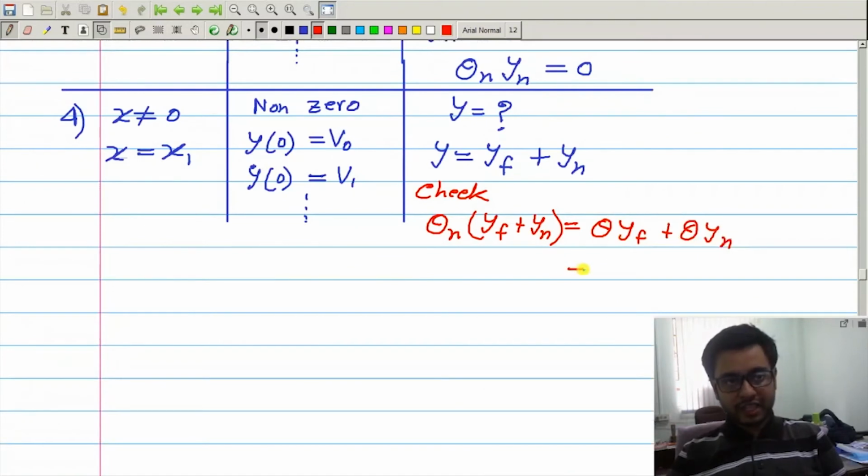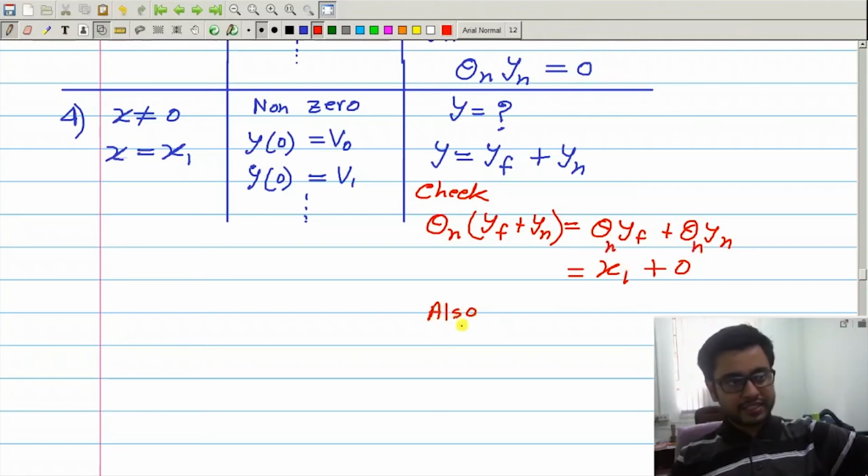So the first term here will be x1 and O of y_n will be 0. So this satisfies the given differential equation.